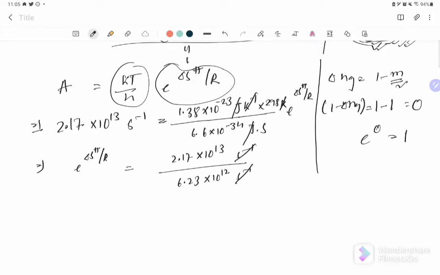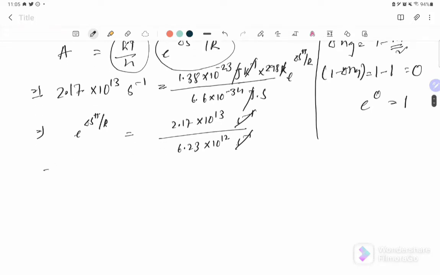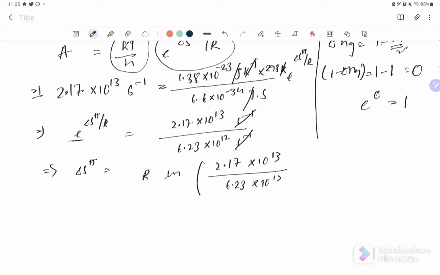Second inverse cancels out. If we take ln, ΔS will be R ln of 2.17 into 10 to the power 13 by 6.23 into 10 to the power 12. If we calculate this, it will be 10.37, and the unit will be the unit of R, joule per Kelvin per mole.